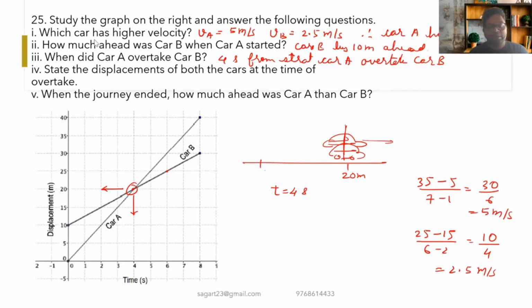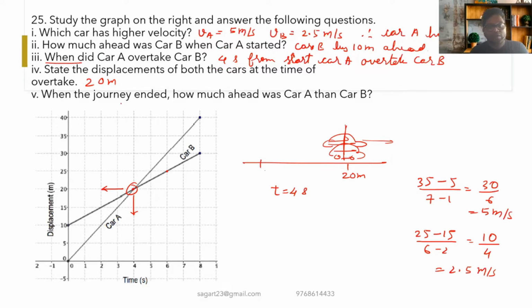At 5 seconds it is already ahead. It is at 25 meters and car B is around 21 or 22 meters. And the answer is 20 meters. Again, reminding you when, the answer should be in terms of time.